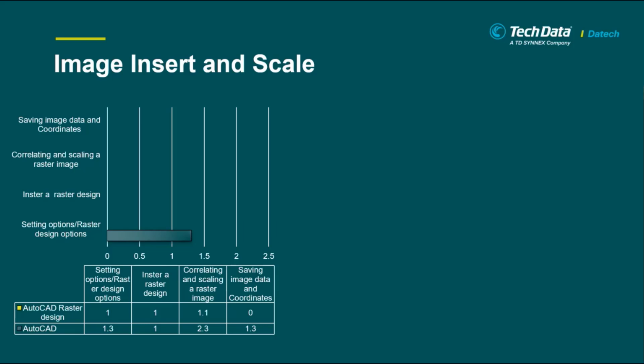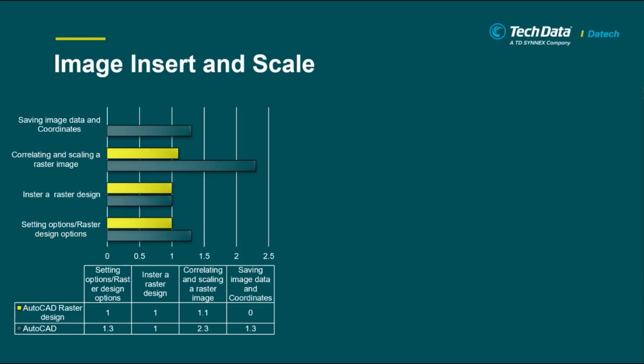This is an example where a clone CAD or even AutoCAD is spending time individually on each option. But when we compare that to the activity spent by utilizing the Raster Design Toolset, it is tremendously less time that you are spending in the AutoCAD Raster Design Toolset.